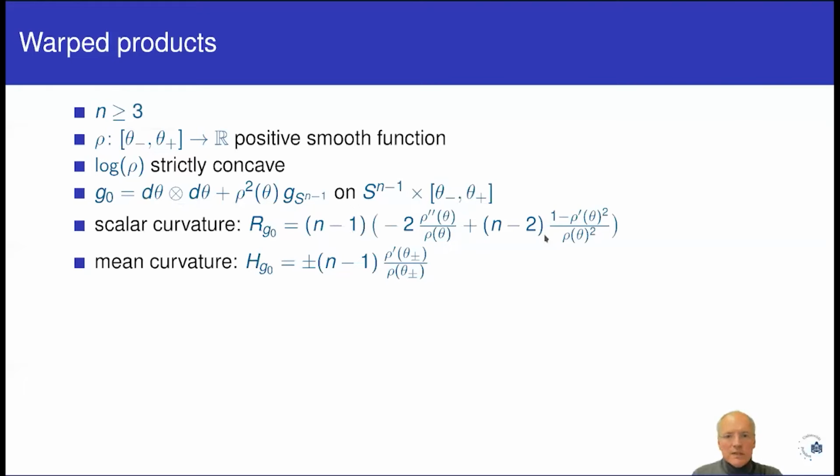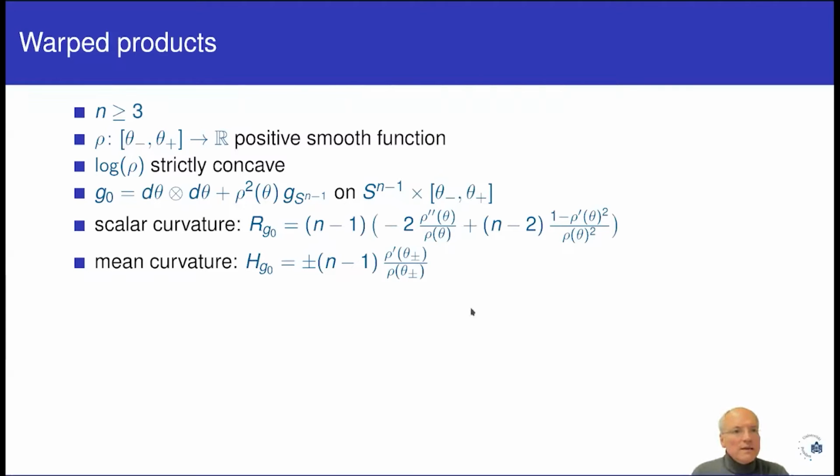We have this particular formula where derivatives up to order 2 of rho enter, and we can also compute the mean curvature of the slices for fixed theta, and in particular of the boundary components at theta minus and theta plus, which is essentially then given by the logarithmic derivative of rho at those points. And this sign in front here comes from the fact that I want to always do it with respect to the outer normal. So I have a different direction at theta minus than at theta plus. So then I get this formula.